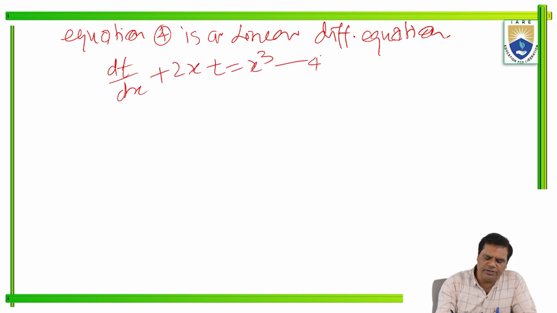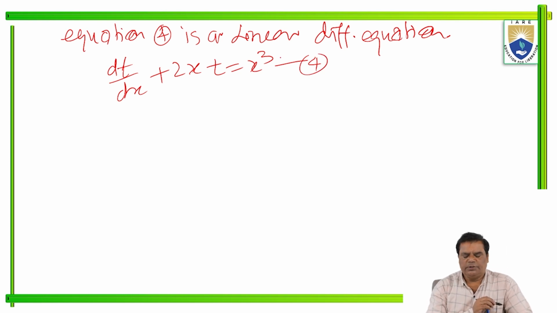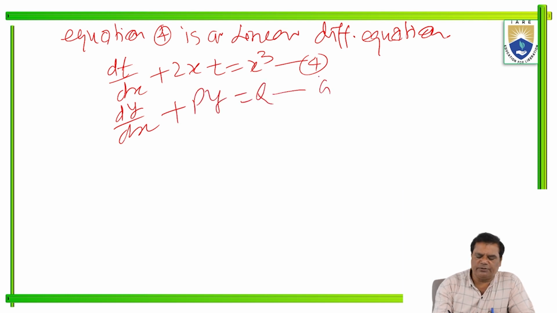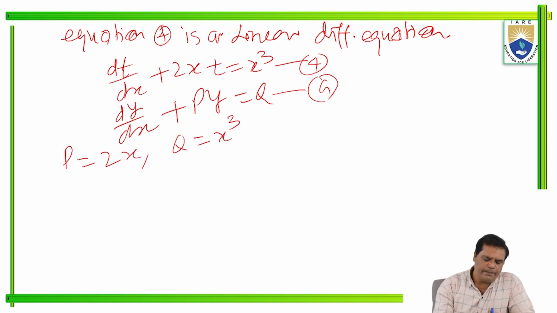This is equation number 4. Now solving this, the general equation is dy over dx plus Py is equal to Q. So now P is equal to 2x and Q is equal to x cube.